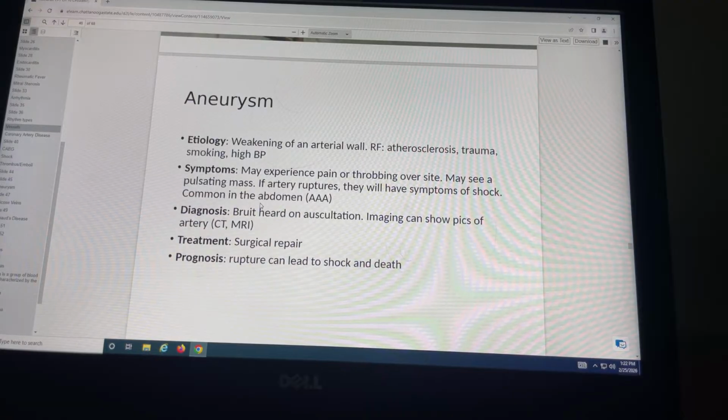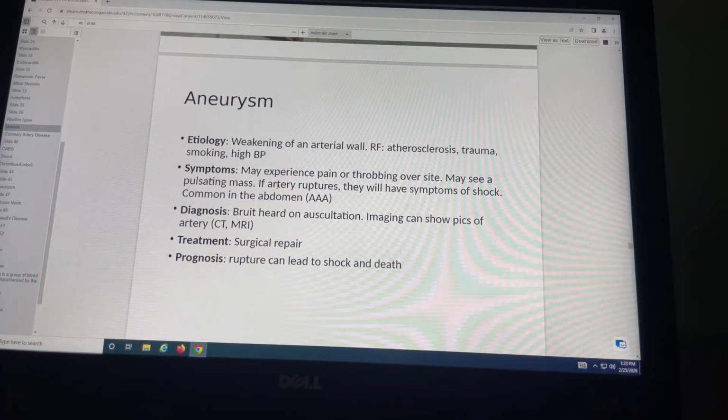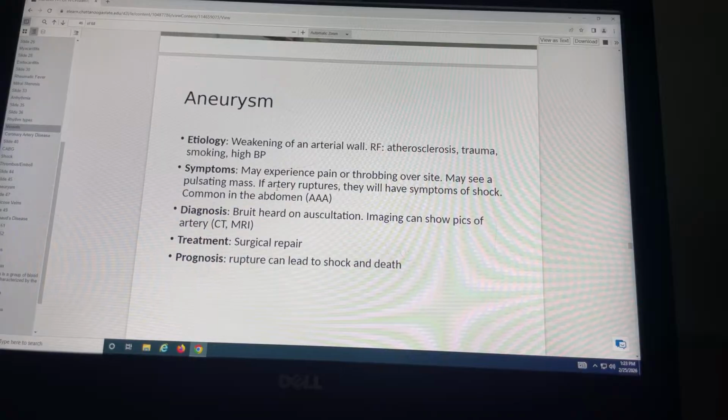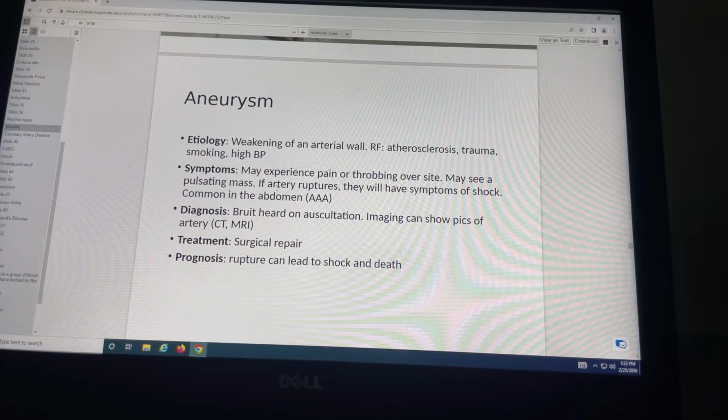I garden a lot, so I have to constantly get new hoses because the constant pressure tends to make them warp. That's what's happening with aneurysms. People with constant high blood pressure, the pressure causes the vessels to weaken, forming a little bulge, and if it gets bad enough, it can rupture, and then you can bleed out internally. That's no bueno. We don't like that.